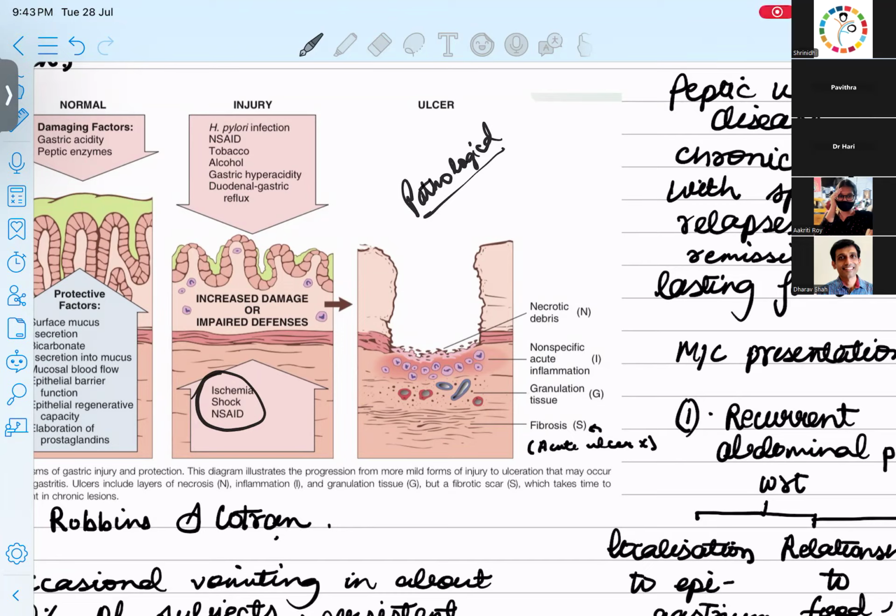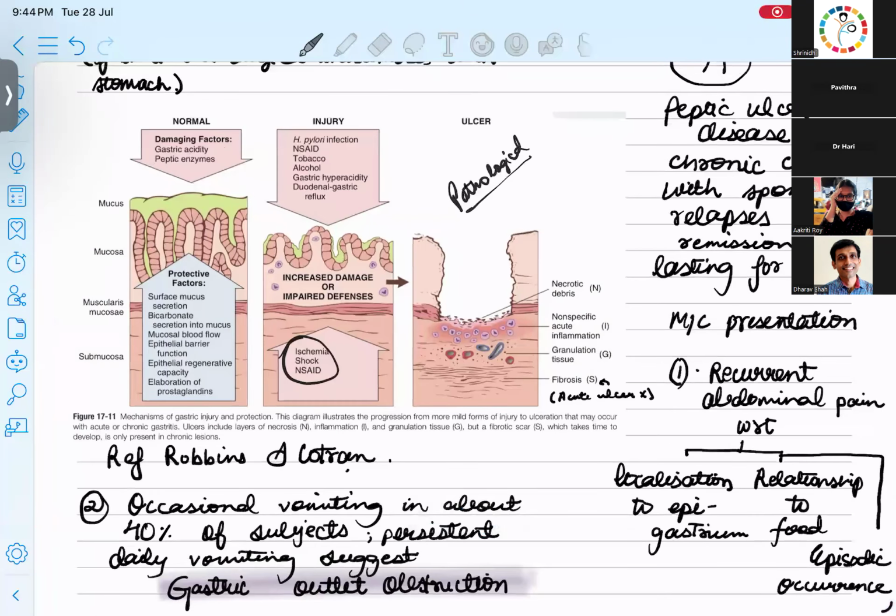There is granulation tissue formed, and the muscularis mucosa gets fibrosis. Fibrosis is not seen in acute ulcers because fibrotic scars and fibrosis itself take time. So it is always seen in chronic lesions.